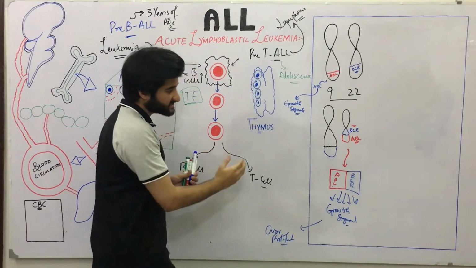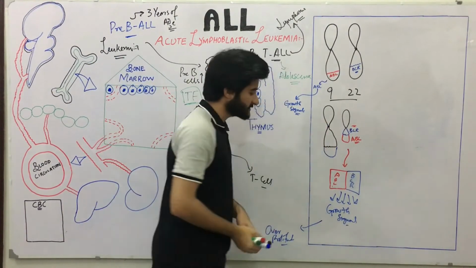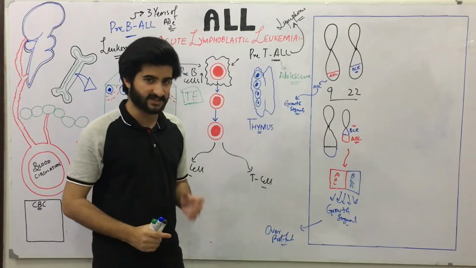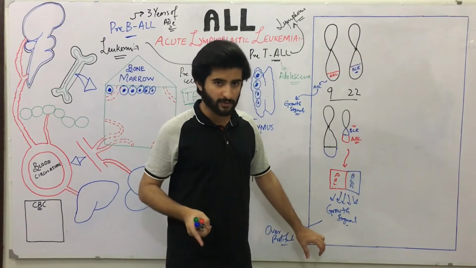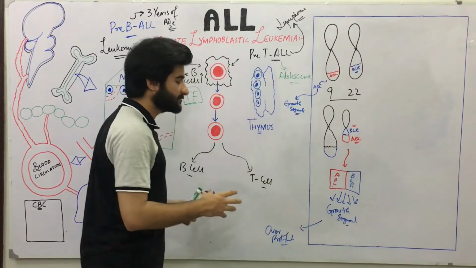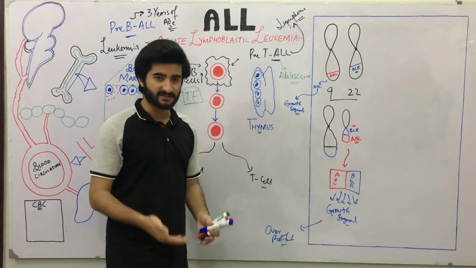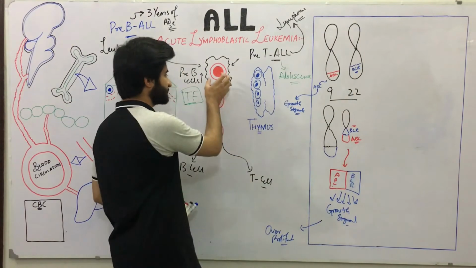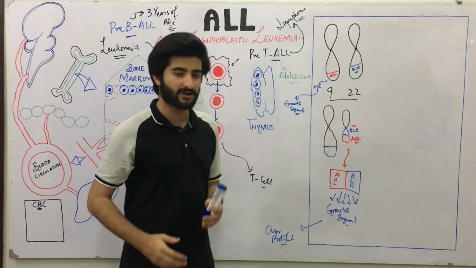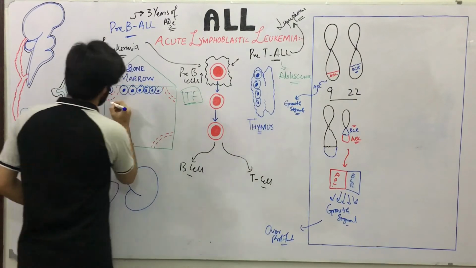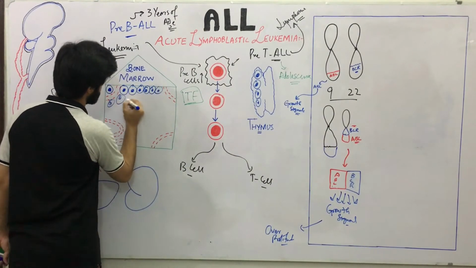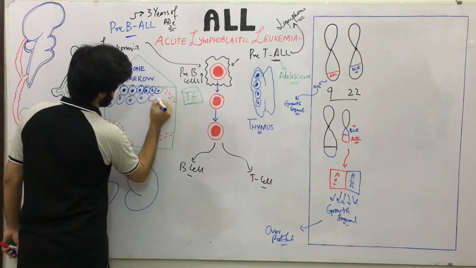But now there is a mutation giving growth signals independent of growth factors. So there will be a lot of divisions of these precursor B cells and precursor T cells. They will over-proliferate, and as a result our bone marrow will be overcrowded.